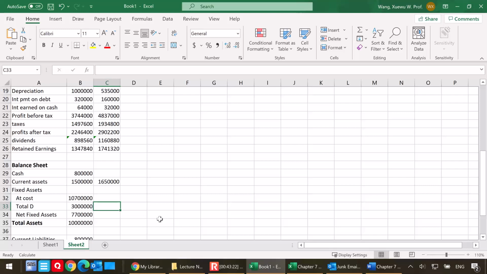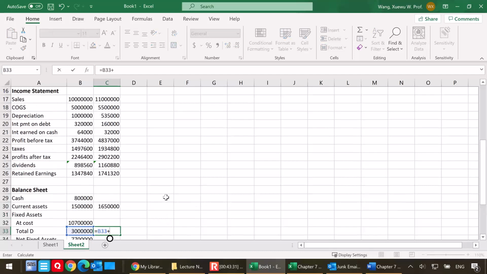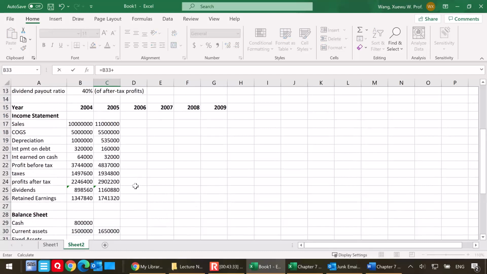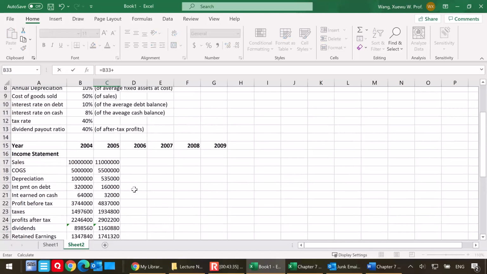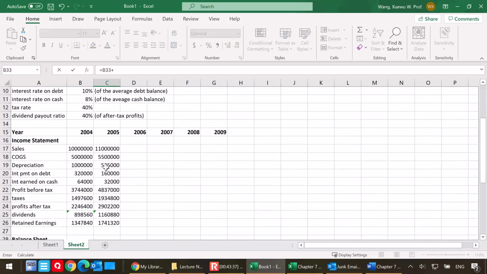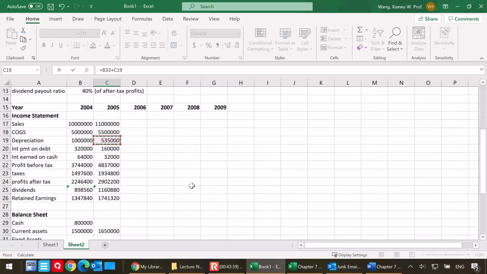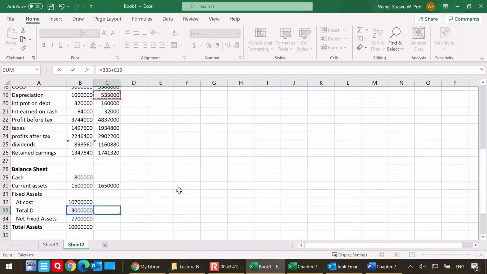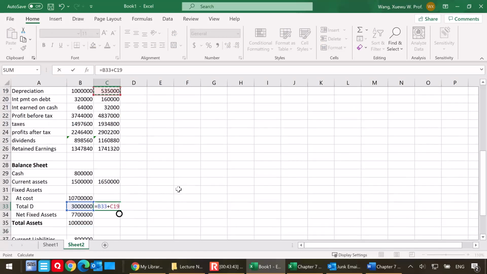Similar logic. I'm going to look at the total depreciation here. That's the total depreciation as of 2004 plus the depreciation for 2005. What's the depreciation for 2005? We have this number here, the annual depreciation. So that's going to be my total depreciation, and you can follow me here if you want.